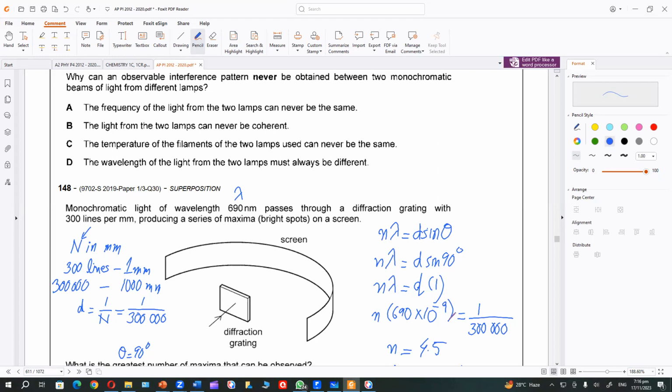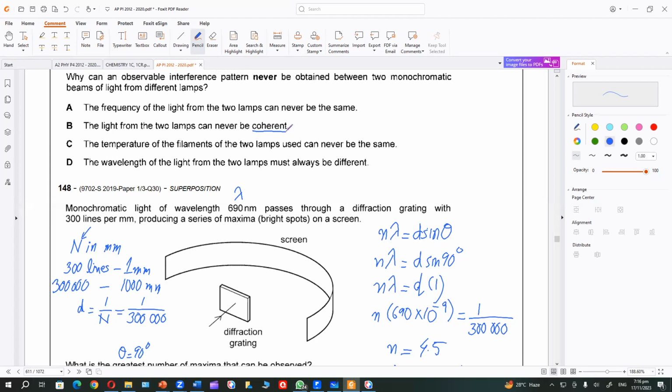From different lamps, the light from the two lamps can never be coherent. Coherence is the primary condition. Frequency can be the same, but the problem is coherence, constant wavelength. So coherence is the fundamental problem when you deal with a question like this. If there is no coherence, there will be no interference.